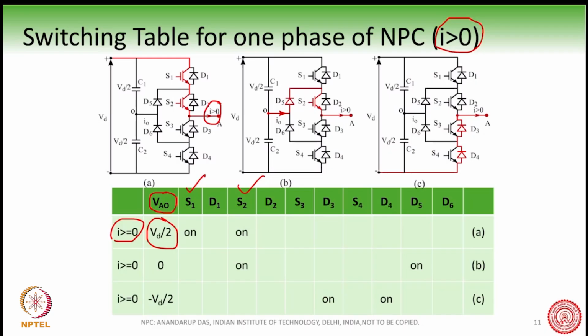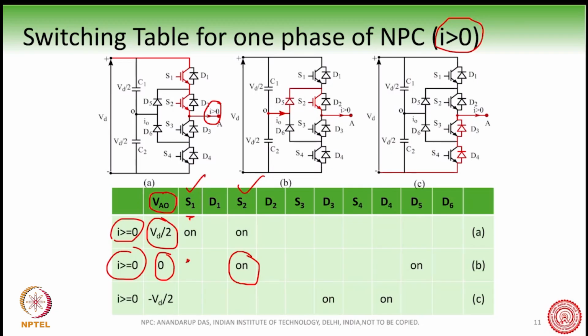Fairly straightforward. Now suppose for the same current, which is again greater than 0, I want to get 0 voltage. In this case, I will remove the pulse from S1. You can see S1 has no pulses now. And I will simply turn on S2. I will give the pulse to S2.